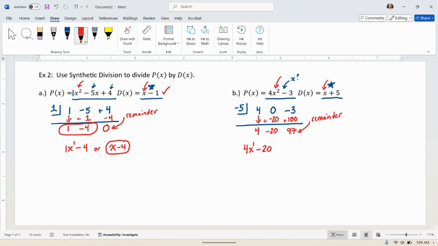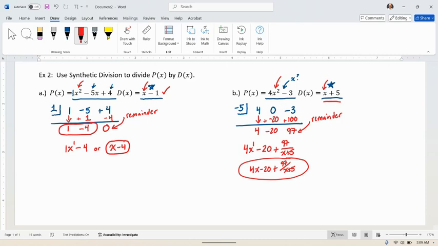And we'll add to it our remainder of 97 divided by, once again, the divisor, x plus 5. Therefore, our final answer when we divide p of x by d of x is 4x minus 20 plus 97 over x plus 5. Not a pretty answer, but the result of dividing p of x by d of x.